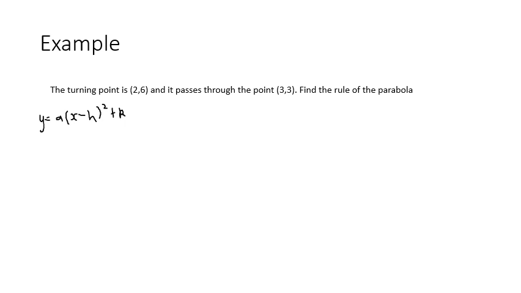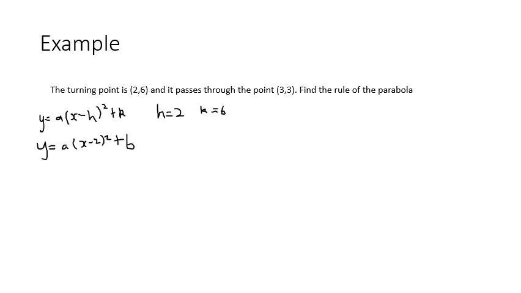And so we know the reason it's called the turning point form is because the values h and k give us our turning point. And so because we have our turning point here, we know that h is equal to 2 and k is equal to 6. And so we can now put these into our form. So y is equal to a brackets x minus 2 squared plus 6.